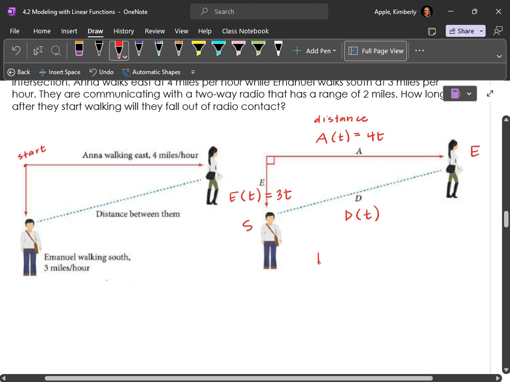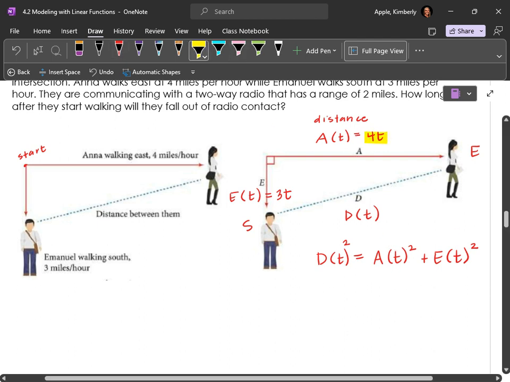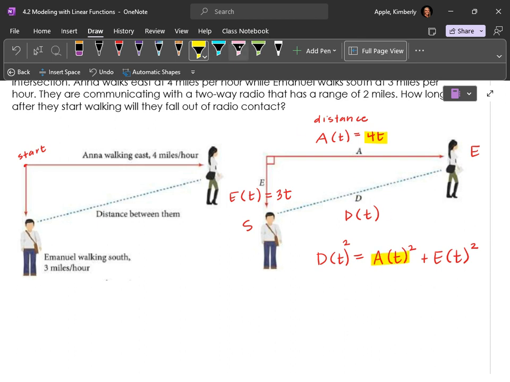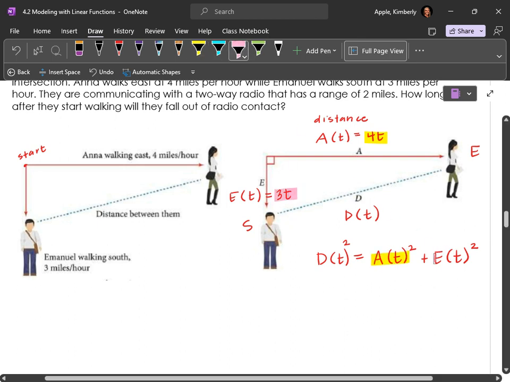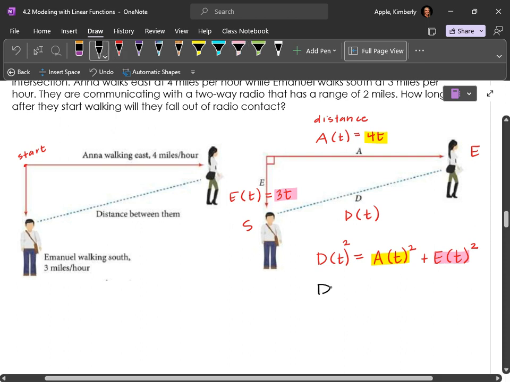And so that relationship would be given by the distance as a function of time squared would be equivalent to Anna's distance squared, given by A of t, plus Emmanuel's distance squared, given by E of t. We can plug in for these functions, right? We have a value for A of t. We have a value for E of t. And so then we can actually solve for a linear function D of t.